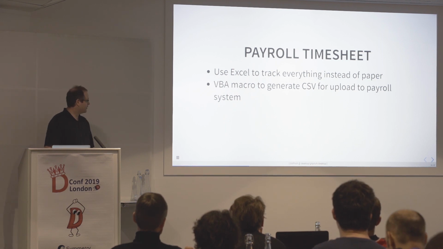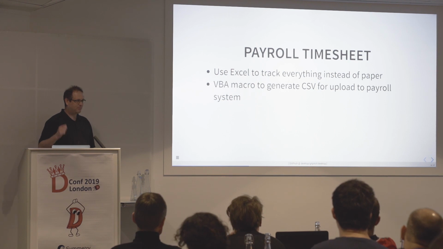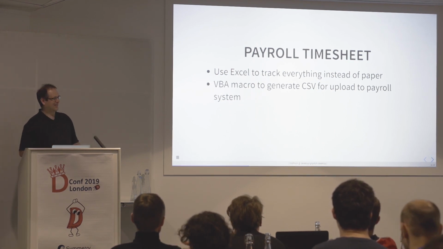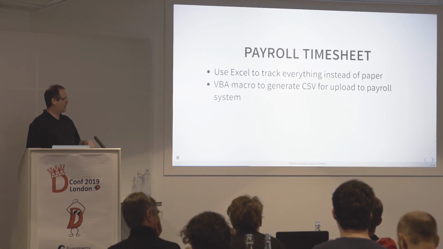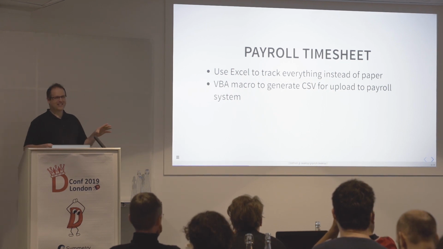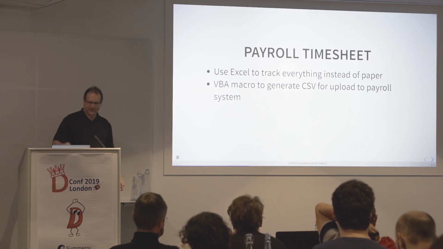And I use a VBA macro to generate a CSV that then is able to be put right into the system. Oh yeah, I know. It's not that great. I'm planning on fixing this at some point. But in any case, this is a lot easier than manually typing in the things that you added up by hand on a piece of paper.